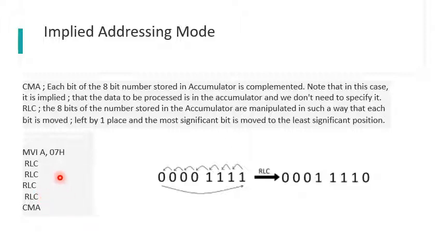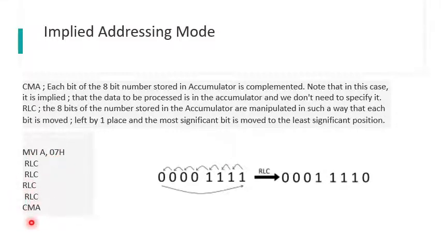The same operation is repeated a third time and the value changes to 0011 1000. The same operation is repeated and the value changes to 0111 followed by four zeros. This value in hexadecimal is 70H. So by rotating four times, 07 has become 70 now.